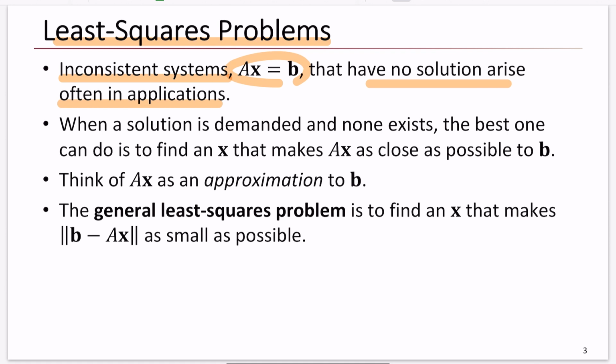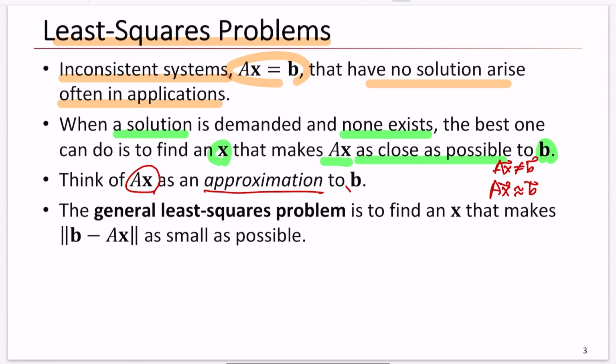However, when a solution is demanded and does not exist, the best one can do is to find x that makes Ax as close as possible to b, even though Ax is not equal to b. We have to find the approximate solution that satisfies Ax approximately equal to b. Think of Ax as an approximation to b, but as close as possible.